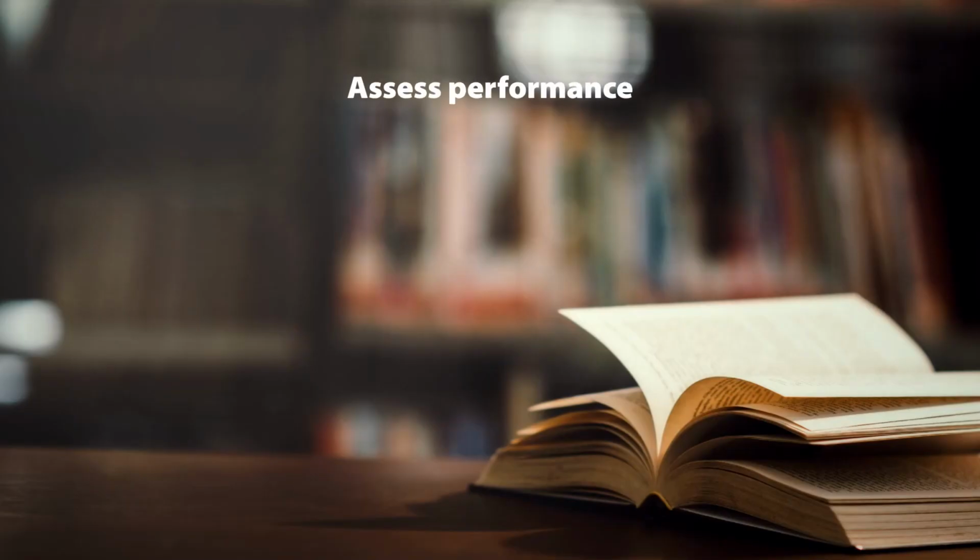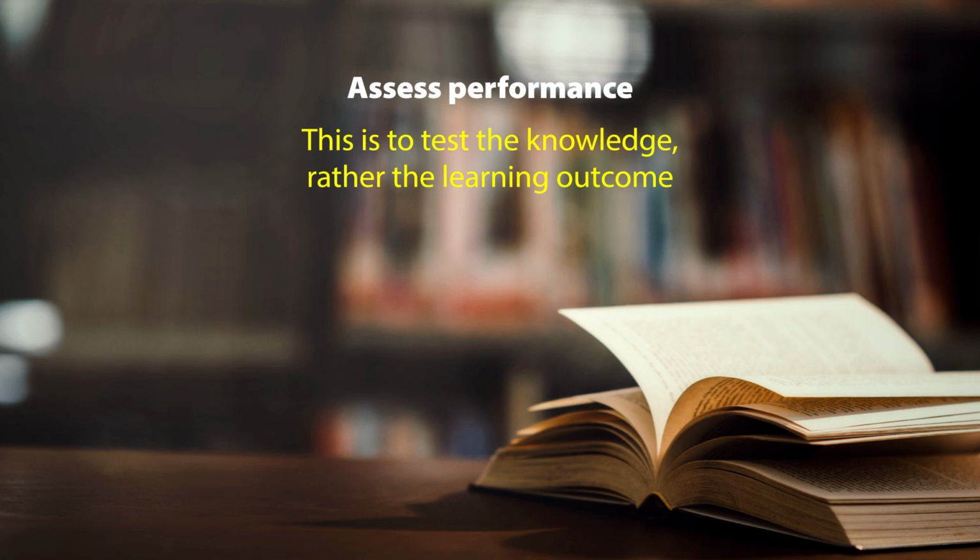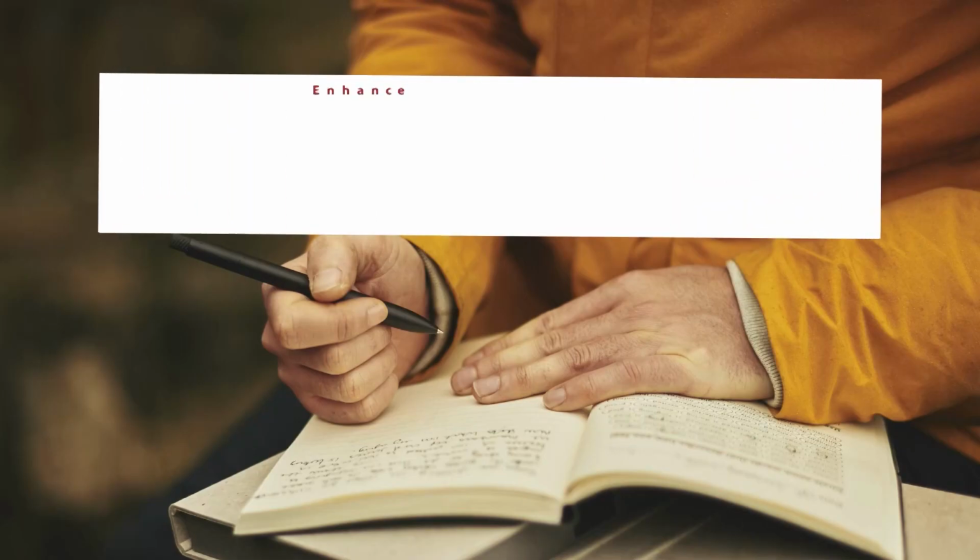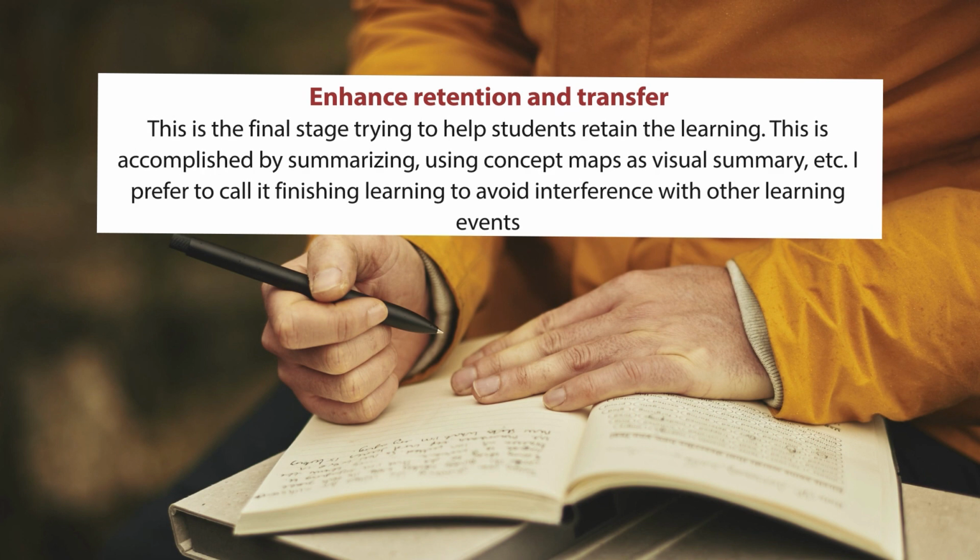Next is assess performance. Assess performance is testing of the knowledge, rather not only the knowledge, the learning outcomes. And learning outcomes, all of you know, are written and placed at various levels. The ninth and last step in Gagne's model is enhance retention and transfer. This is the final stage which tries to help students retain the learning.